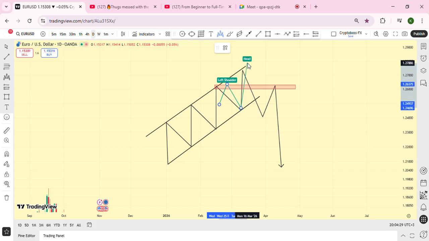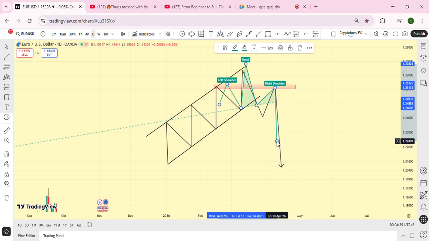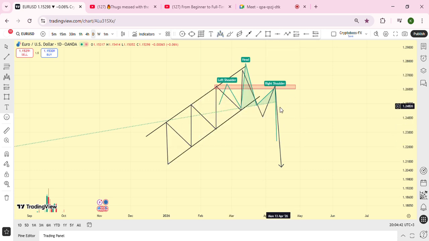The head is everything above that resistance zone, and now the right shoulder is when the market comes for a consolidation or a retest after giving us a new low. Remember here the market will have to give us a new low. That is now the market going below the last higher low and giving us a new lower low.